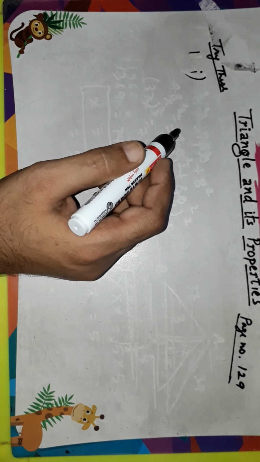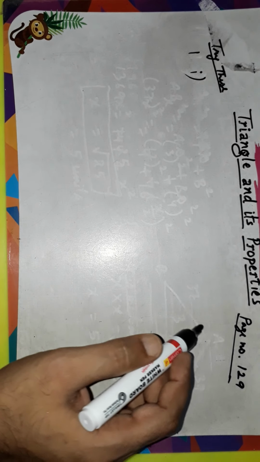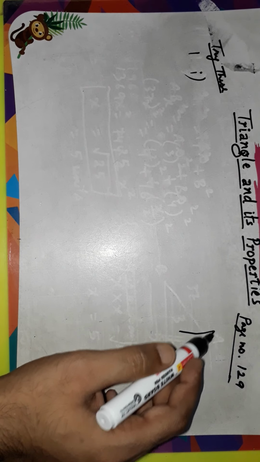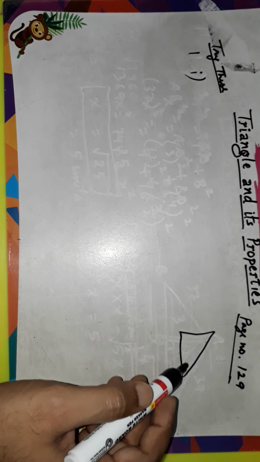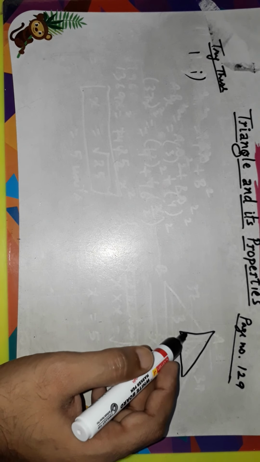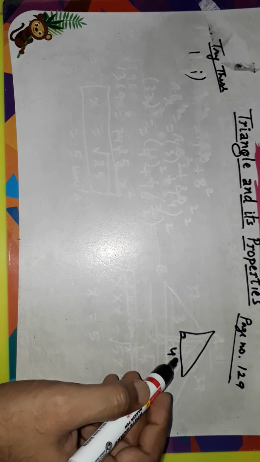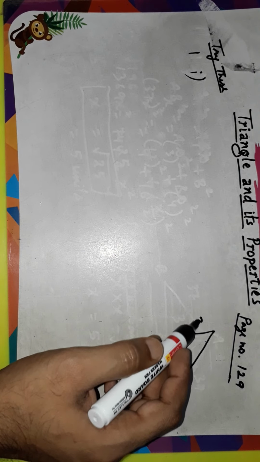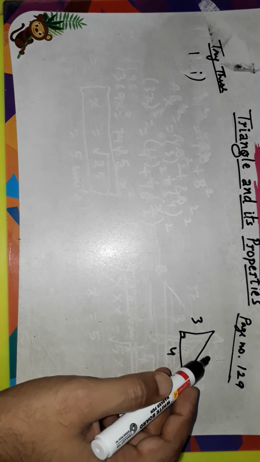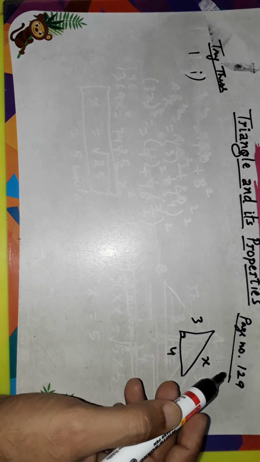Now let me solve the first part of this. What you can see over here is a figure, and this is the symbol of 90 degrees. This is 4 units, this is 3 units, and this is x.